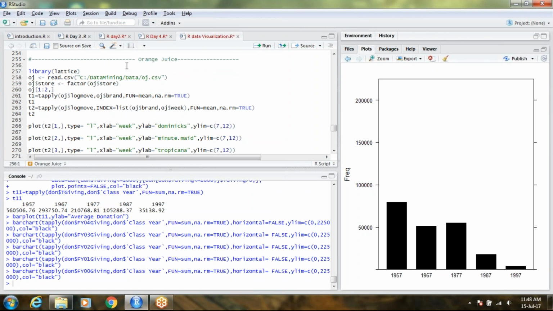So here we will be working with orange juice, the data set that we worked with in previous sessions of R. Here again we will be working with lattice and visualization of the data. That will be the main theme here.